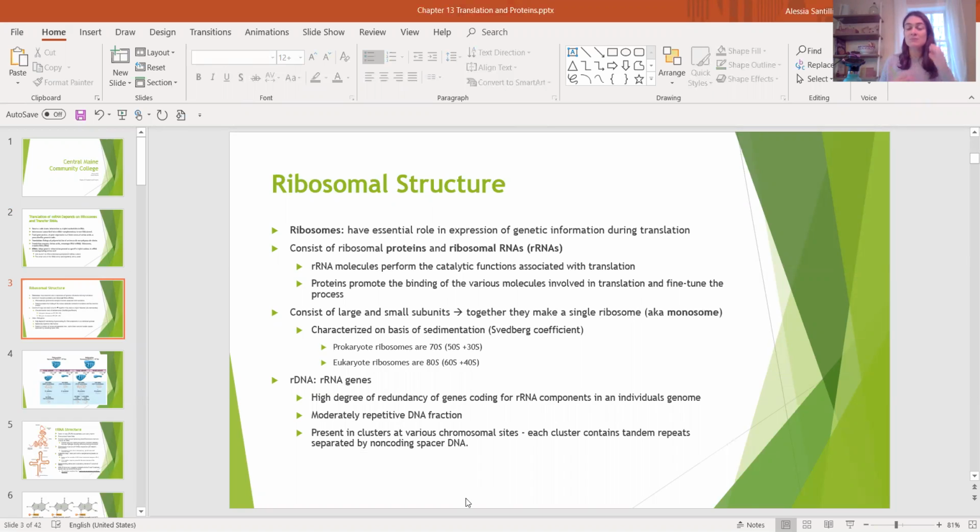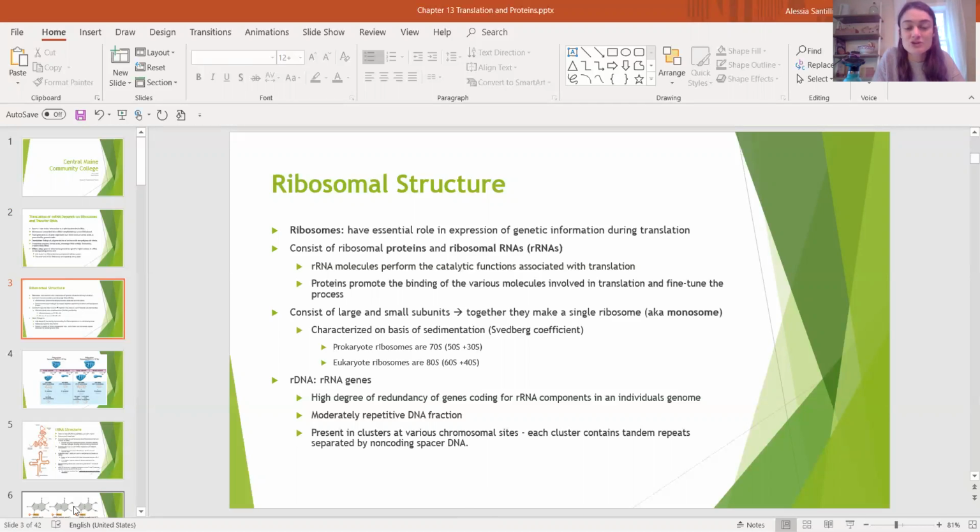Because this rRNA is catalyzing, that means it's enzymatic, and so we call it a ribozyme. It's RNA, but it can work enzymatically.